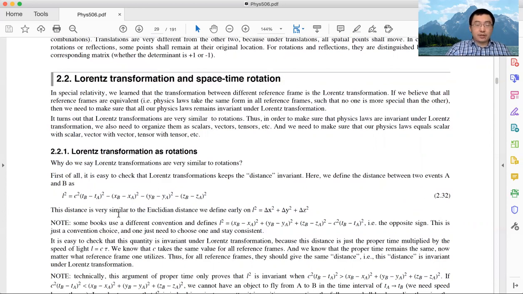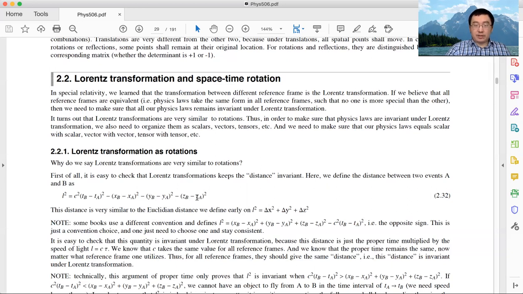So this object is in some sense very similar to a Euclidean space distance. It's the sum of squares of spatial separations of each component. That's the distance squared in Euclidean space. Here we are also using squares: the square of the time difference, and squares of the differences in x, y, z.